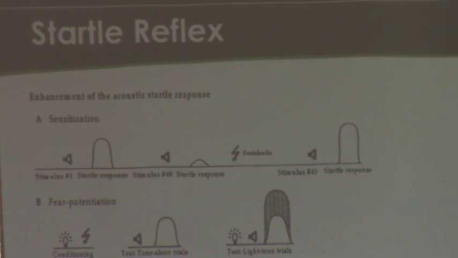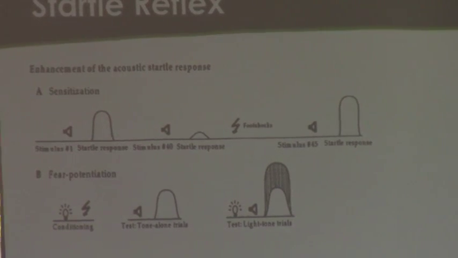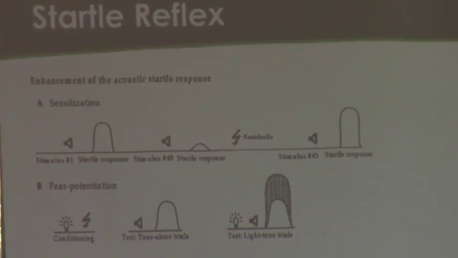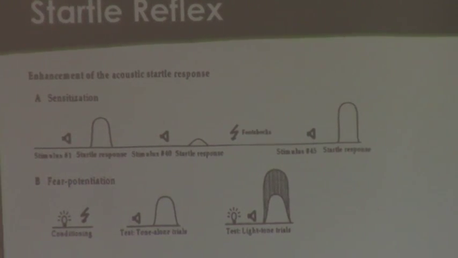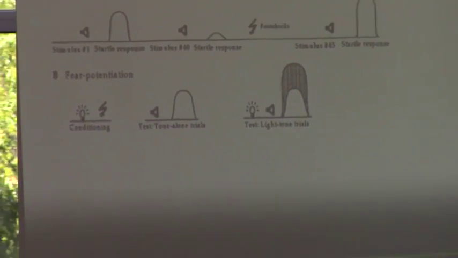Now we can use the startle reflex for fear potentiation with conditioning, and we condition the mice to see the light signal, and after receiving the shock, 4 or 24 hours later, we just put on the sound.